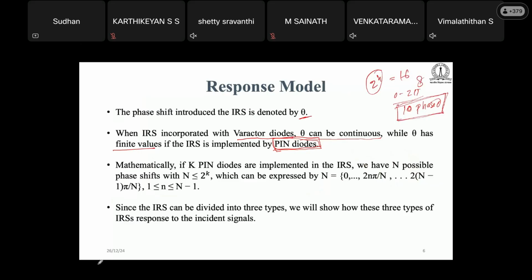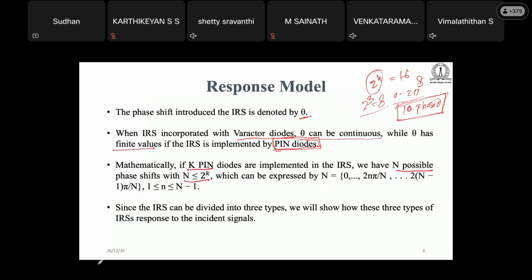If we want 8 phases, then we need only 2 to the power 3, so only 3 PIN diodes. This way we can get a distinct discretized phase. So mathematically, if k PIN diodes are implemented, then the number of possible phase shifts n should be less than or equal to 2 to the power k.